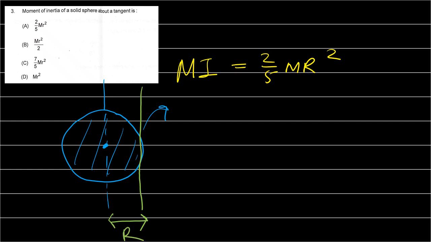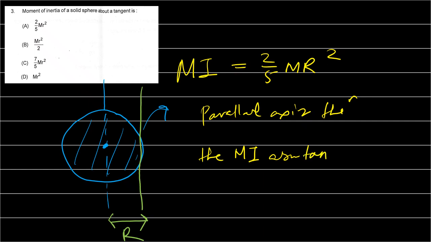So using the parallel axis theorem, the new moment of inertia about the tangent is 2 by 5 mr square, which is the general formula, plus m times the distance of this new axis from the old axis, that is mr square.